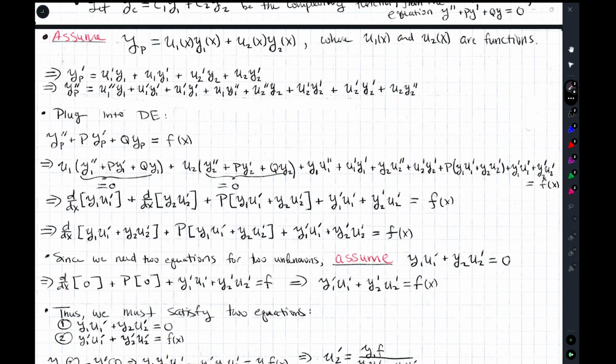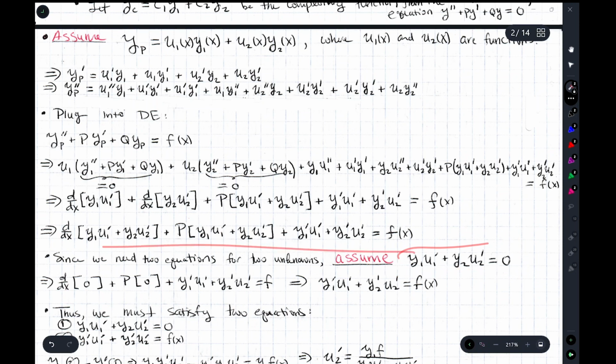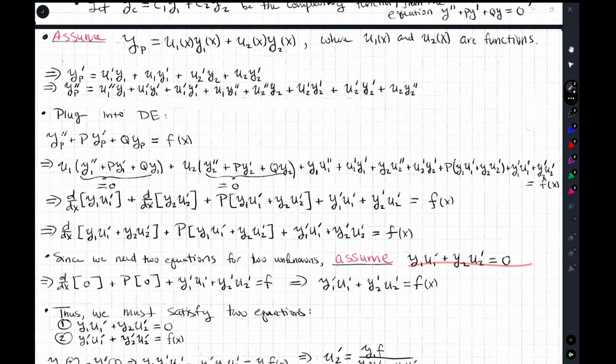Two functions, one equation, that's not good. So we're going to further assume another relation that will simplify this equation. We're going to assume this relation right here. It's just an additional assumption, an additional constraint that we put to make the computation easier.